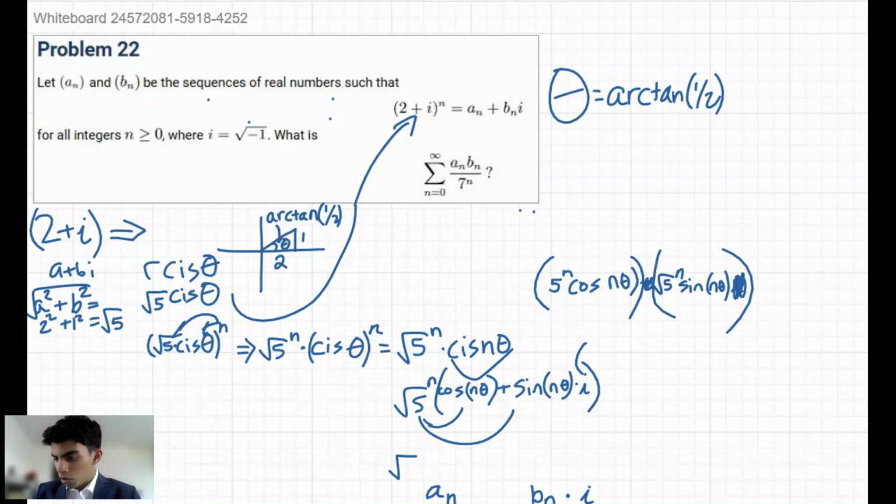When we multiply these two together, we are obviously going to be multiplying these two square root terms. That will give us 5 to the n. And then we will get cosine of n theta times sine of n theta as well.